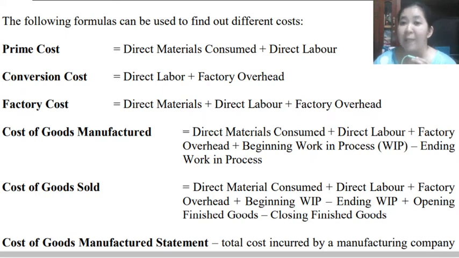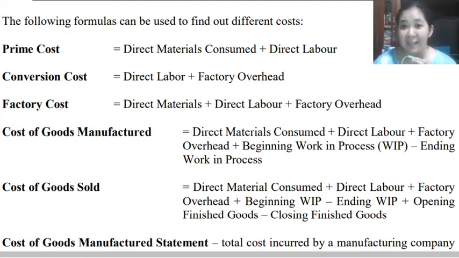So this is the matching of recognizing the cost against our revenue. Again, please take note that your cost of goods sold can only be recognized if the item is sold. For the formula, we will use the formula of the cost of goods manufactured.